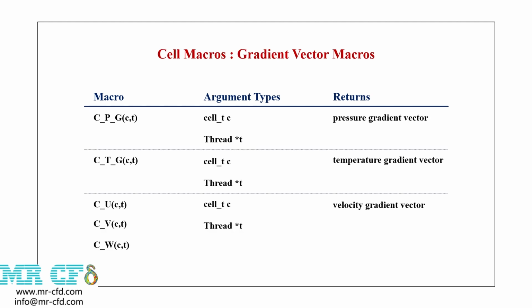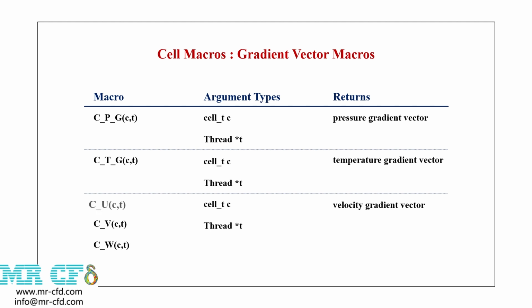In addition to accessing cell variables, the user can also access the gradient vectors of cell variables. Here we present several examples of cell gradient vector macros. For instance, the C_P_G macro represents the gradient vector of cell pressure. The C_T_G macro represents the gradient vector of cell temperature.